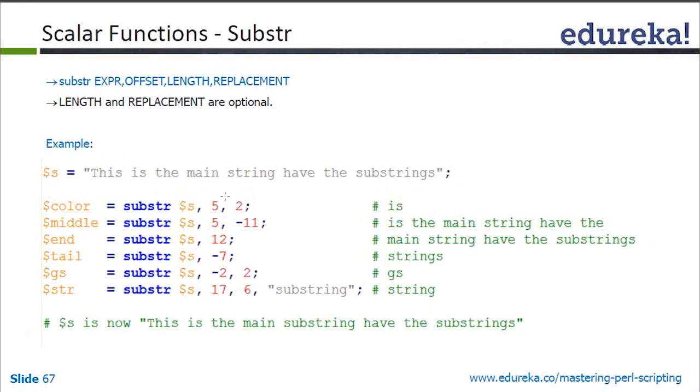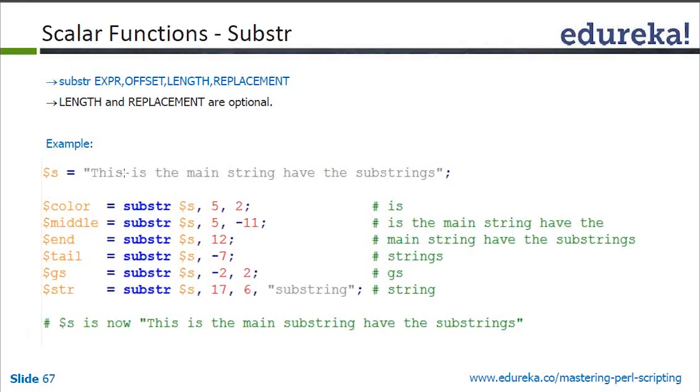We want to find out a substring of this entire string, from the fifth location. From the fifth location is THIX, and so this is after the 5 location.